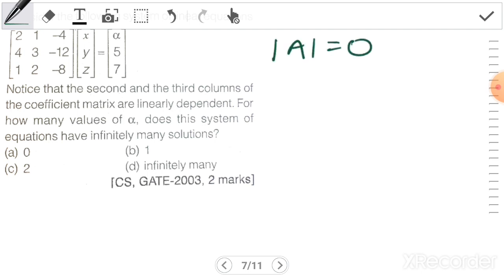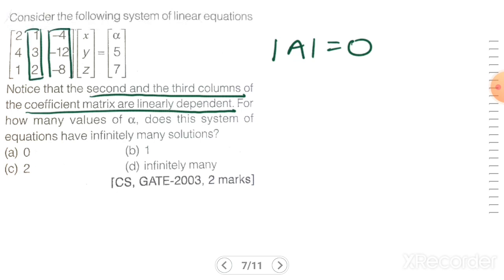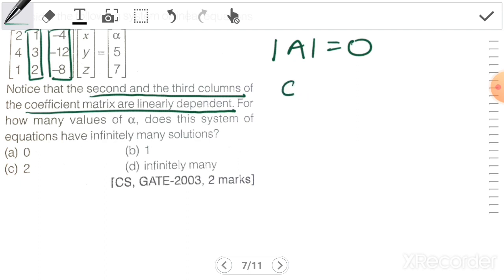Here the second and third columns are linearly dependent. You can write C3 as C2 times minus 4.